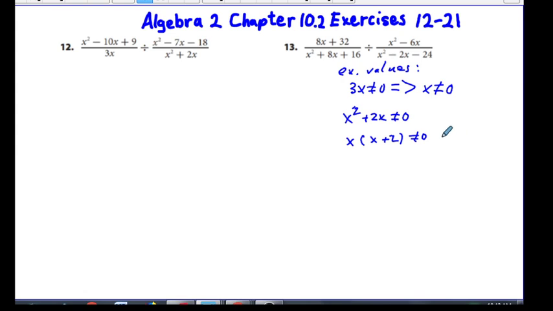So x cannot equal negative 2. And finally, we have this x squared minus 7x minus 18 cannot equal 0.